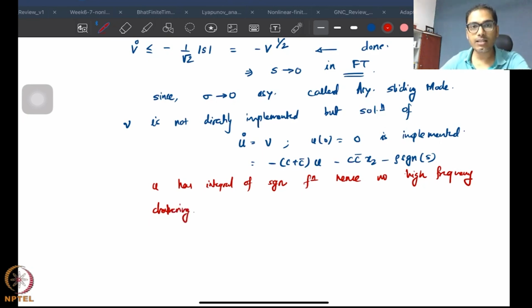It's not that it is free of oscillations. It will still have oscillations, depending on how fast your signum function is moving. Even if you integrate the signum, you will still have oscillations, but they will be significantly reduced. So this is one way of alleviating or attenuating chattering.